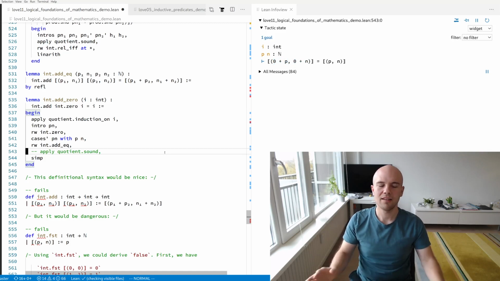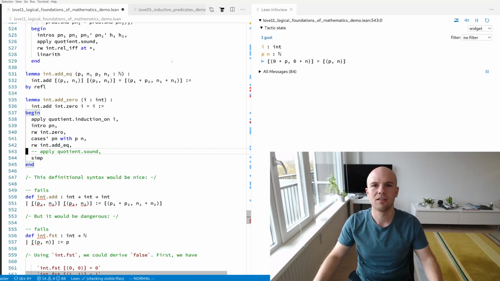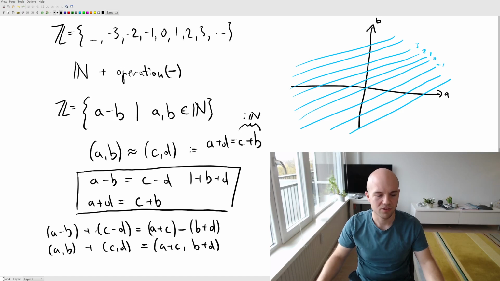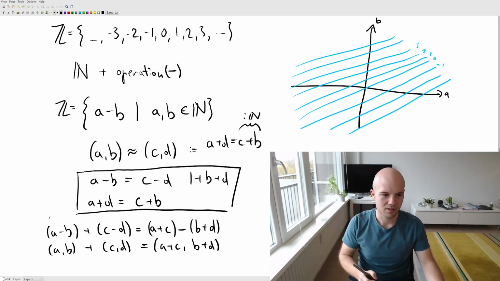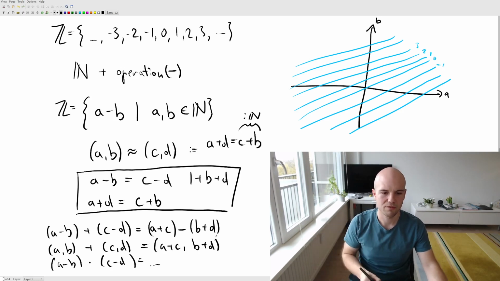Okay, so in this way you can also lift the other operations, like multiplication. You can define a multiplication of integers, using a very similar recipe as here. You try to figure out what is (a minus b) times (c minus d), and then you just write this down as your new definition of multiplication on the integers.